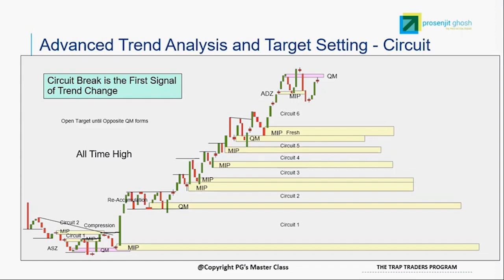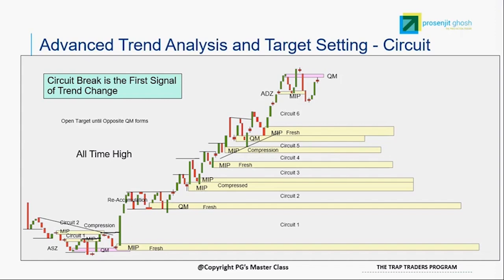Now, how will we decide what could be the target of this trade? You need to look on the lower side, at what is there in the chart on the left, okay? So you have a first MIP, which is fresh, which is a pro gap, but understand when price changes its trend, the fresh MIPs will only give small reactions, okay? So we have a fresh MIP where we expect a small reaction.